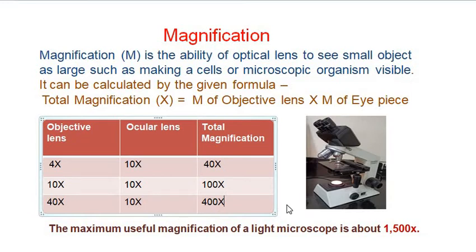So magnification is the ratio of the size of the image and the size of the object. It means the size visualized with the naked eye versus the size observed under the microscope.